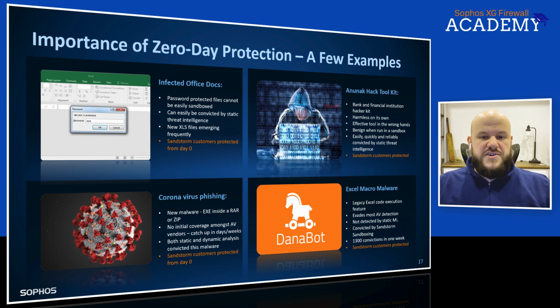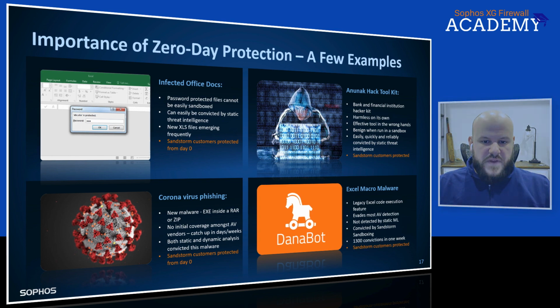Then lately, we've seen a huge increase in coronavirus phishing attempts, many of them using a new attack consisting of an executable inside of a compressed file, like a .rar or .zip. Both static and dynamic analysis convicted this malware, and most importantly, Sophos Sandstorm customers were protected from day 0. And last but not least is another Excel-based malicious attack that uses a legacy code execution feature.